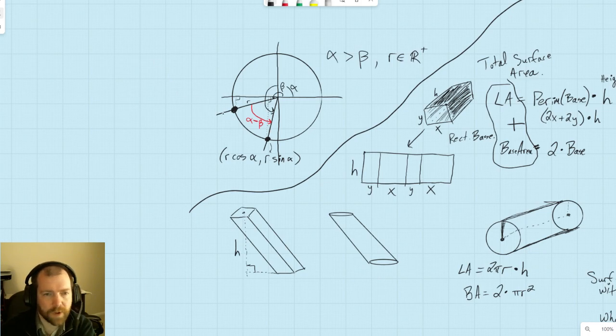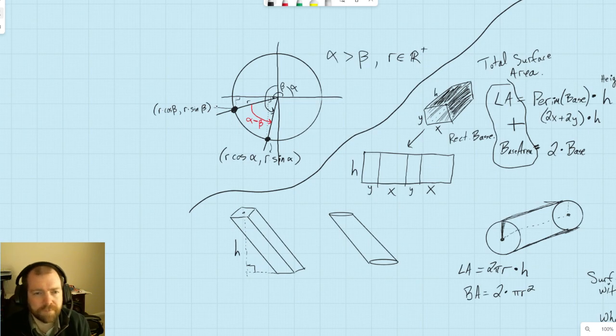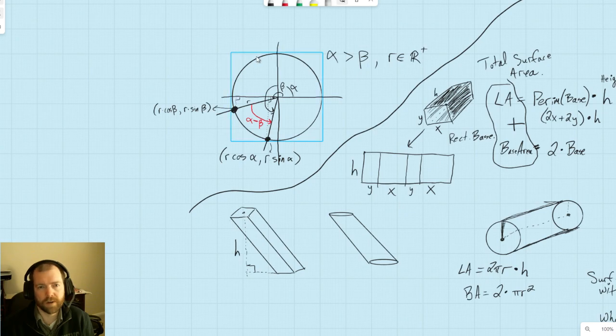And then this point out here is going to be, similarly, r cosine beta, r sine beta. Now that's all well and good, but it doesn't really tell us anything necessarily about this particular.